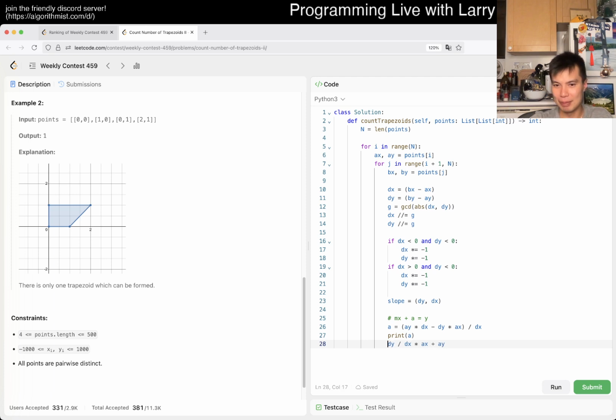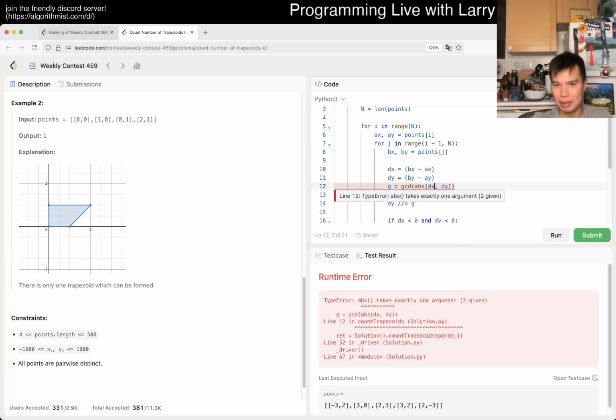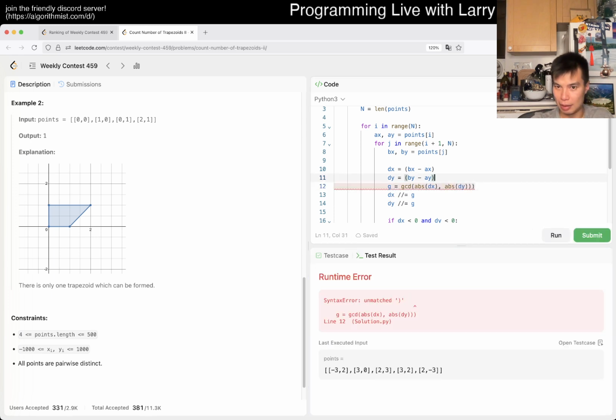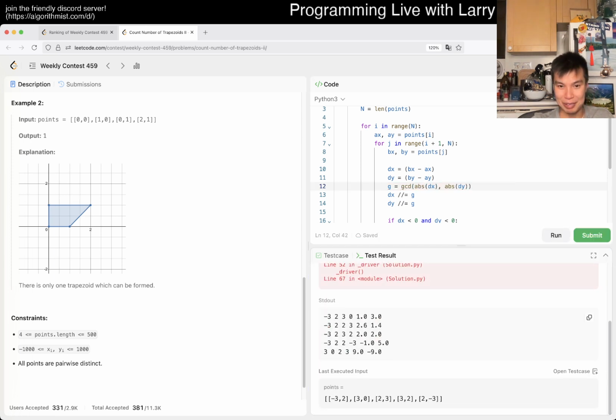So print this, and let's just say ax, ay, bx, by. It may give me a divide by 0 thing, but maybe that's fine, because it just gives me enough, right?